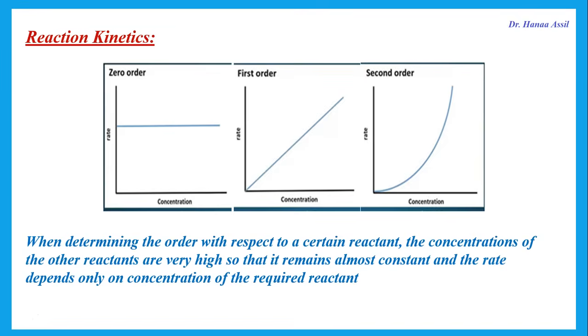And remember that when we determine the order with respect to a certain reactant, concentrations of the other reactants are kept very high. This is so that they are almost constant, and the rate will depend only on the concentration of the reactant we are changing.